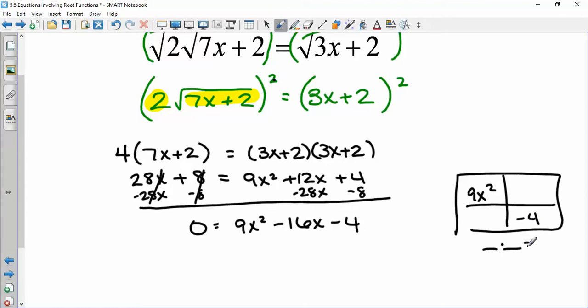So these multiply to negative 36 and add to negative 16. I'll wait. A lot of you are just sitting here waiting for me to write the answer up here. I can't only leave 1 or 2 people trying to figure it out.